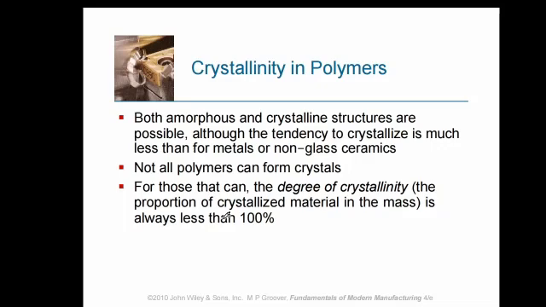But the tendency to crystallize for polymers in general is much less than for metals and glass. For those polymers that can form crystals, the degree of crystallinity is usually less than 100%.